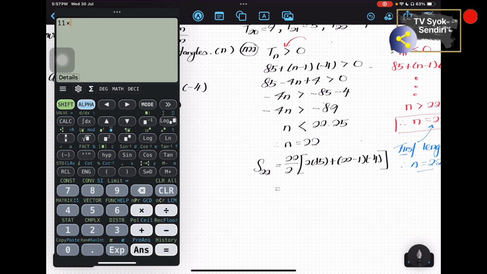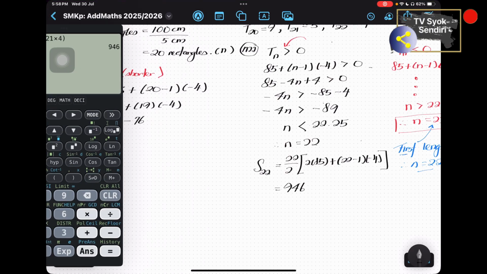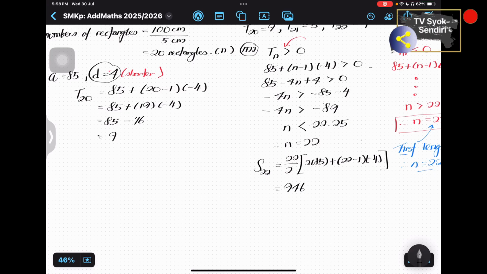So we have 11 multiplied by [85 times 2 plus, because it's plus minus, minus 21 times 4]. Close it up, so we have 946 in terms of length.